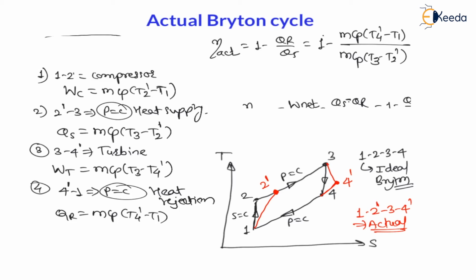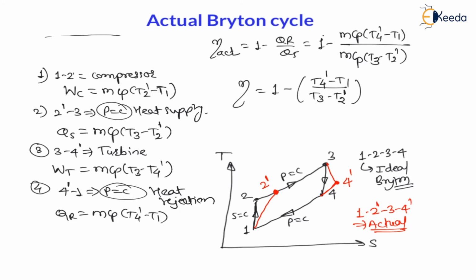Therefore m Cp will get cancelled and the actual efficiency for this Brayton cycle will become equal to 1 minus (T4 dash minus T1) divided by (T3 minus T2 dash).